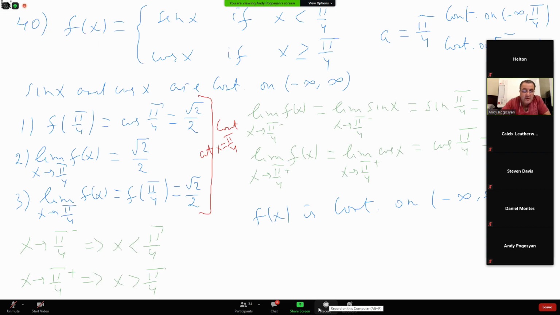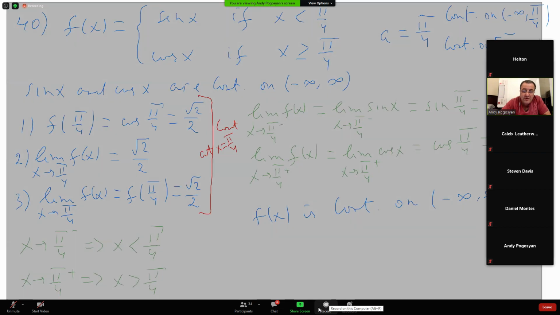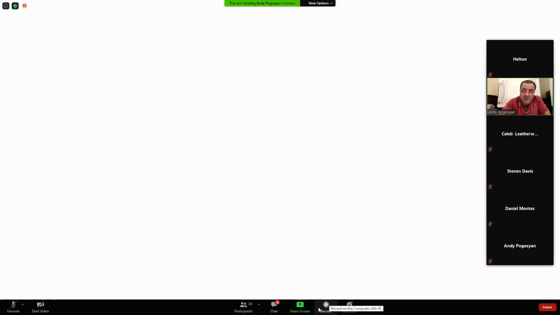Now, the last part of the session is the intermediate value theorem.